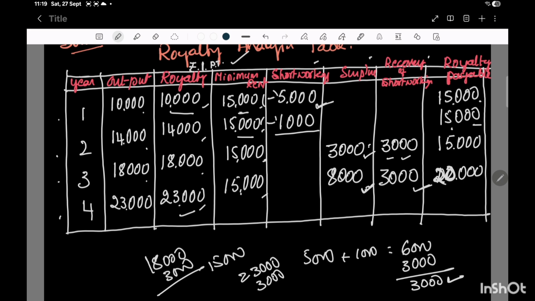So first year it is equal to minimum rent. Second year also equal to minimum rent because there is a short workings. Third year there is a surplus. Whatever the surplus adjusted to royalty is to be considered: 18,000 minus 3,000, 15,000; 23,000 minus 3,000, 20,000 you are paying. In the last year you are paying 20,000.